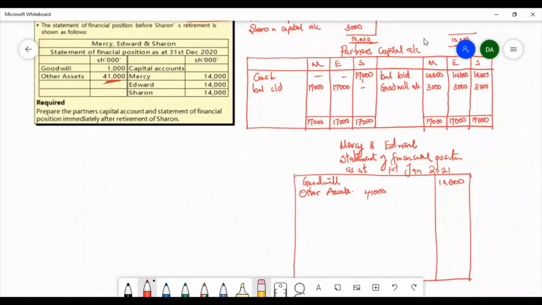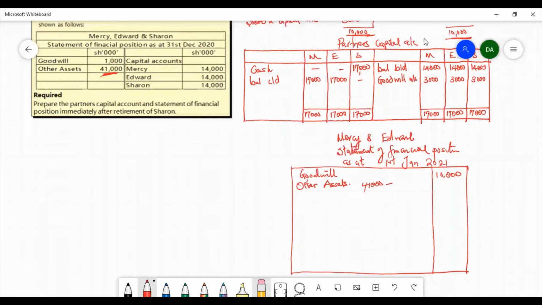But then upon retirement of Sharon, Sharon was paid 17 million as cash. Therefore, we deduct the 17 million cash that Sharon was paid to remain 24 million. The total assets, therefore, is 34 million. This is financed by capital accounts of the partners.